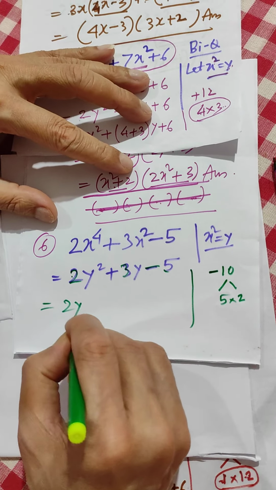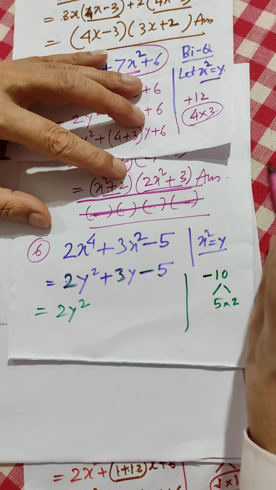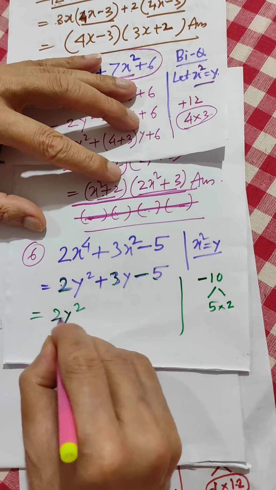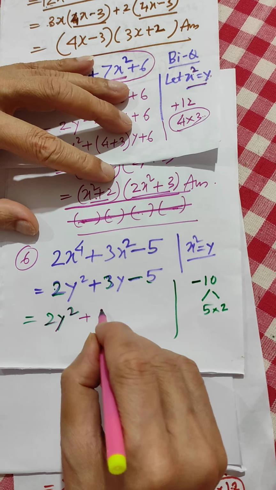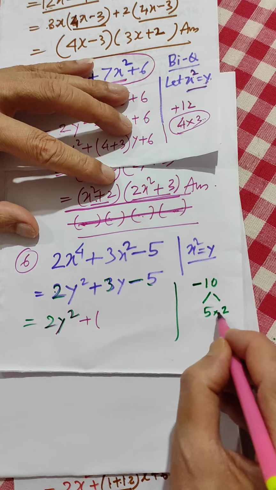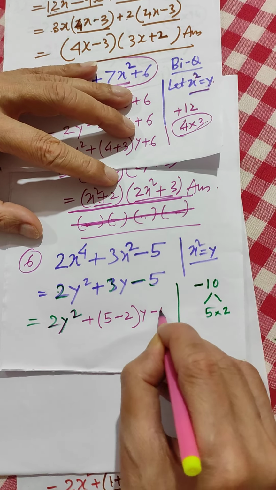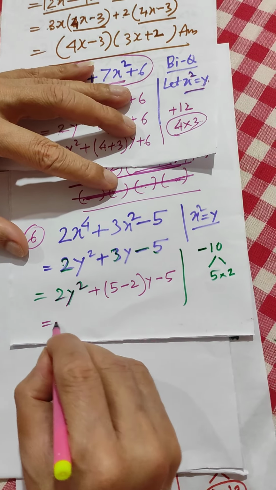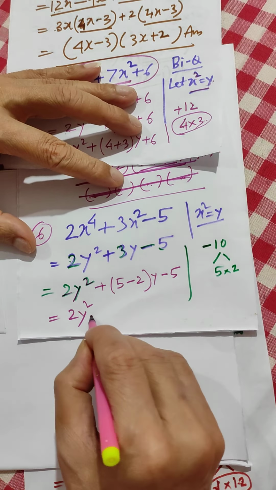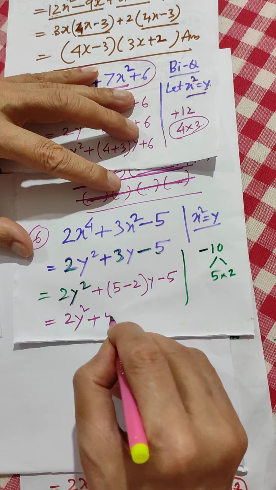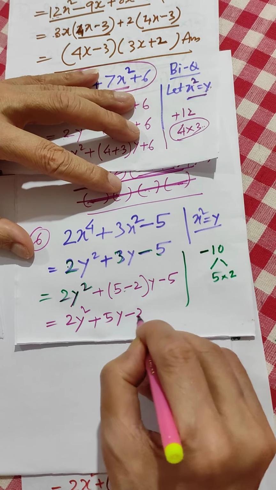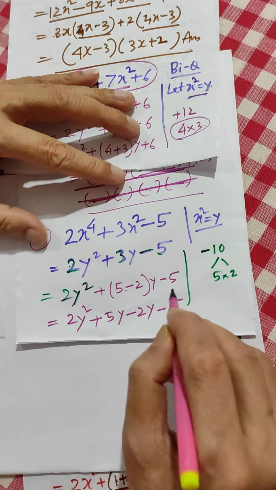So 2y square plus, in place of 3, 5 minus 2. So 5 minus 2, y minus 5. Is it clear? So equal to 2y square, now open the bracket, 5y minus 2y minus 5.